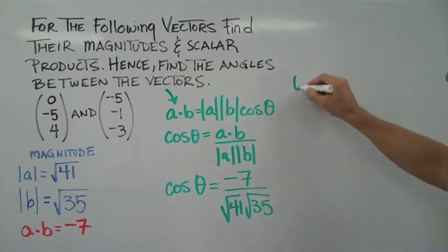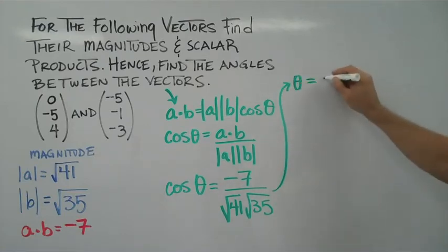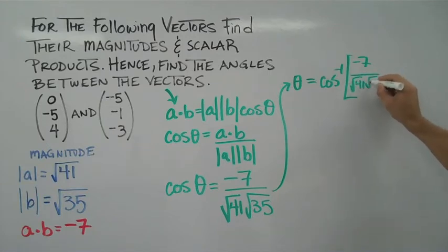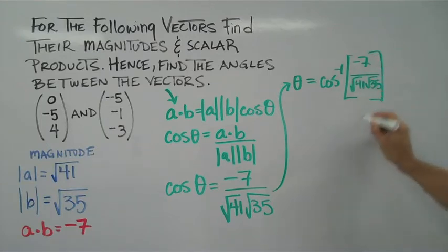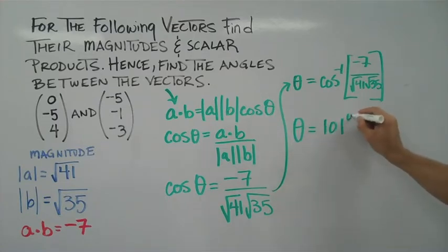Well, we know that theta is arc cosine of negative 7 divided by the square root of 41 times the square root of 35. When I punch this in my calculator, I get theta is equal to about 101 degrees, to 3 significant figures.